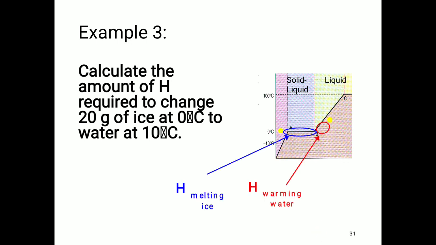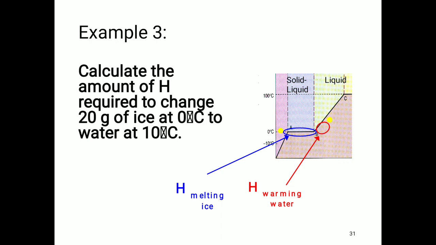Another example: calculate the amount of heat required to change 20 gram of ice at 0 degrees centigrade to water at 10 degrees centigrade. Look, here is a twist.